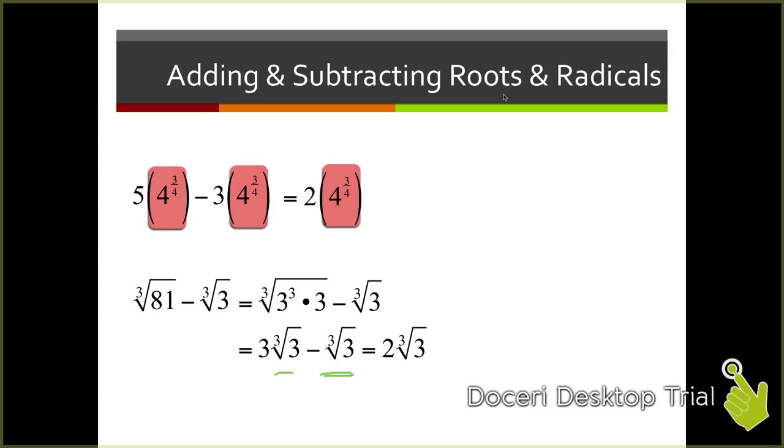So now I do have like terms because they both are dealing with cubed roots of 3. So if I have 3 of these, minus one of these, I end up with 2 cubed roots of 3. Because again, this is our common factor that's going to stay in our answer.